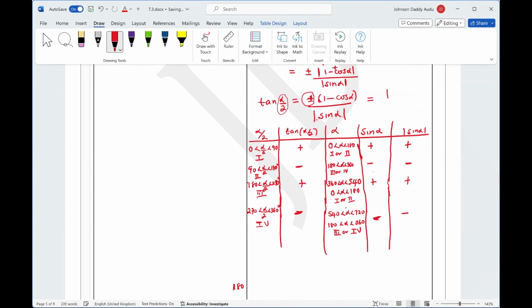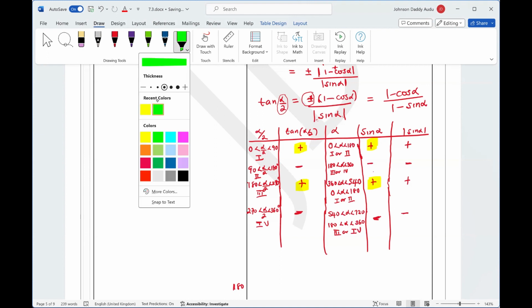So this is just going to be 1 minus cosine alpha over sine alpha, because the signs will always cancel out. As you can see here, this is plus, this is plus, they're all the same. And the minus are also the same.